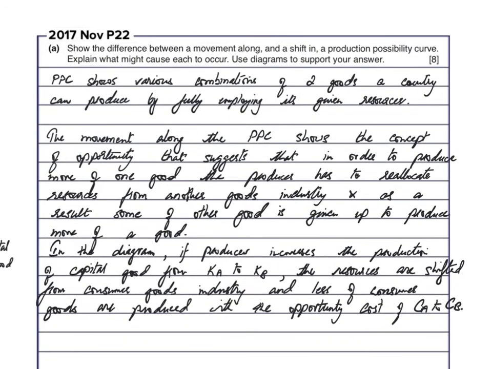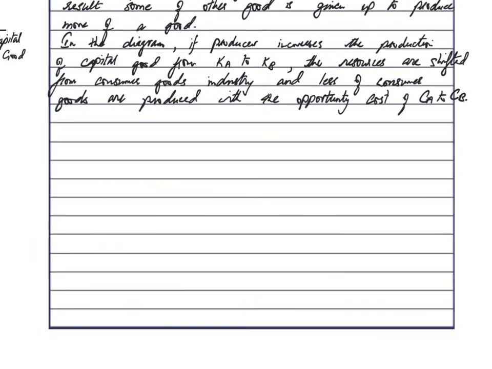Let's go back to the question. Show the difference between a movement along and a shift in a production possibility curve. They haven't mentioned कि shift inwards or outwards, so it could be either way. So let's talk about that. Okay.